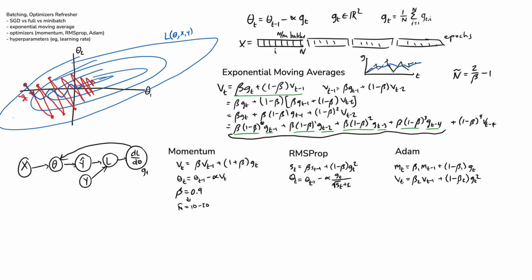Again, I'm not going to cover this, but you should just know that these moving averages are biased towards 0 at the beginning, because you initialize them to 0.